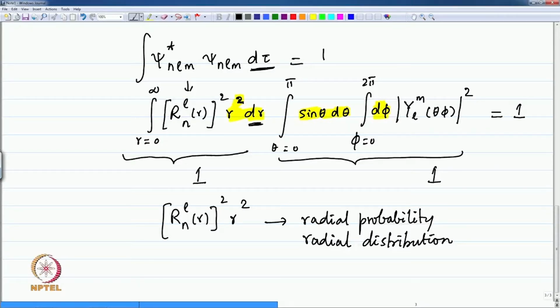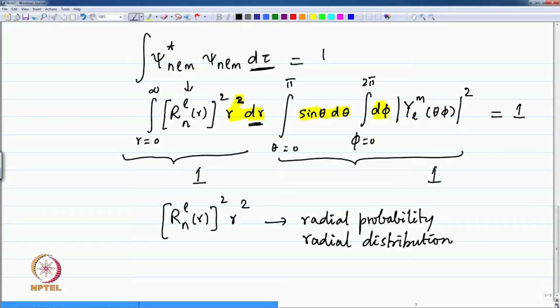Therefore, you see the radial probability in the case of the hydrogen atom is not just the R n l squared, but it is multiplied by the r squared, and that is important to remember. It is not just the square of the function.